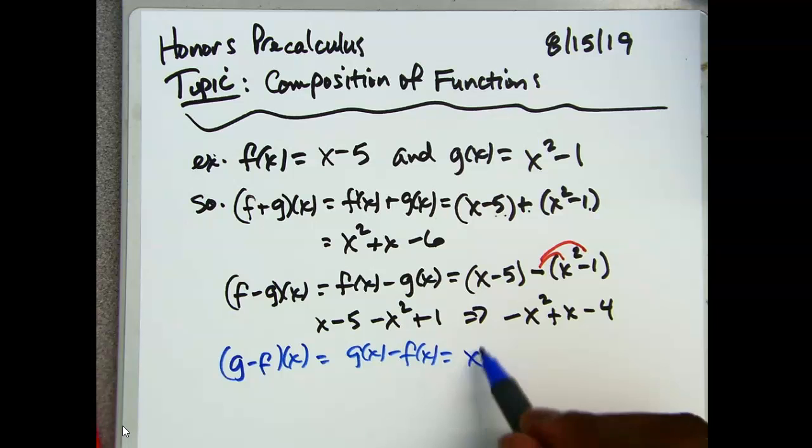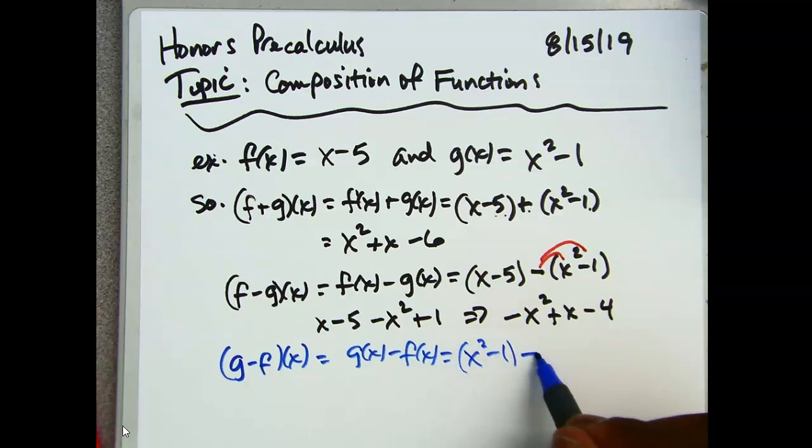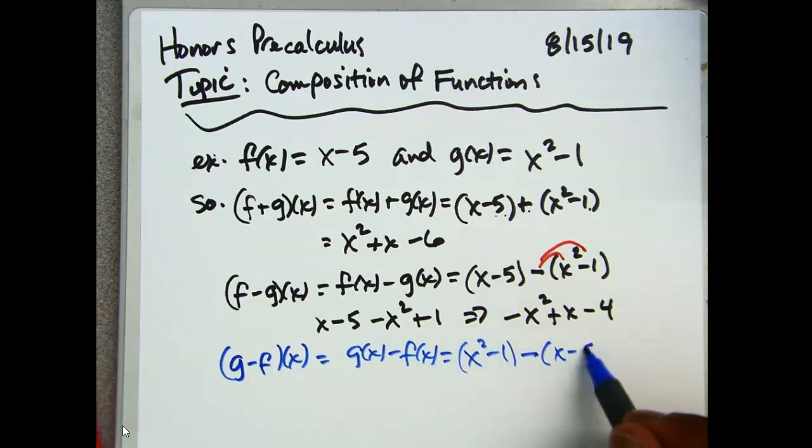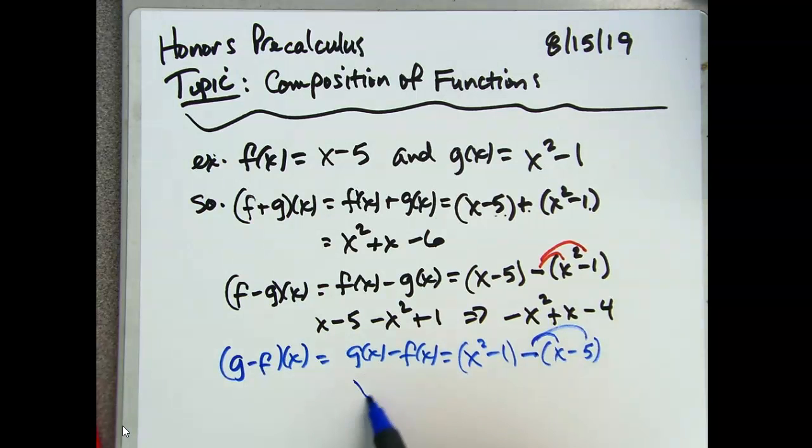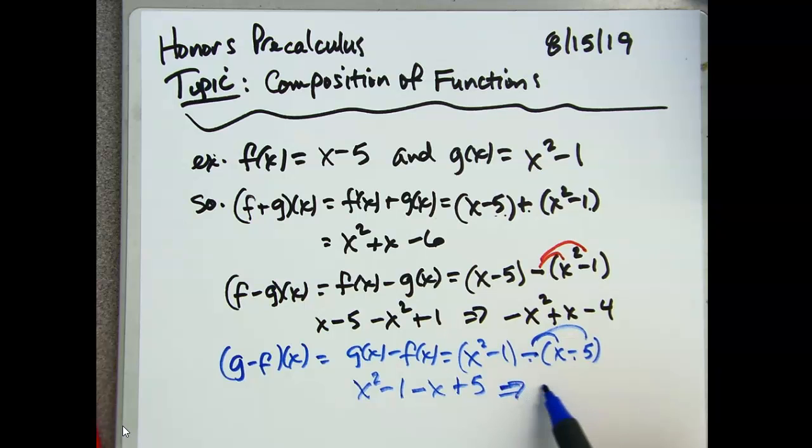So that's x squared minus 1 minus x minus 5, distributing: x squared minus 1 minus x minus a negative 5 plus 5. And that's equal to x squared minus x. Negative 1 plus 5 is a plus 4. So f minus g and g minus f are not the same.